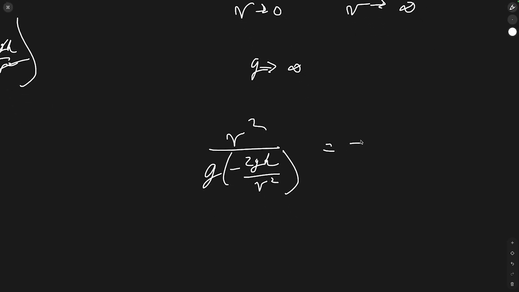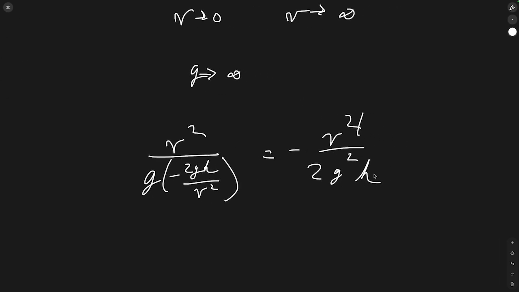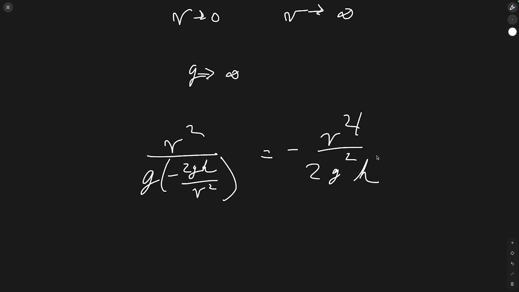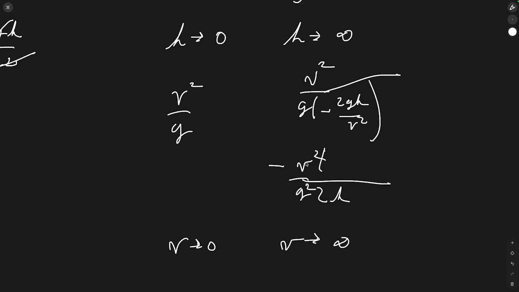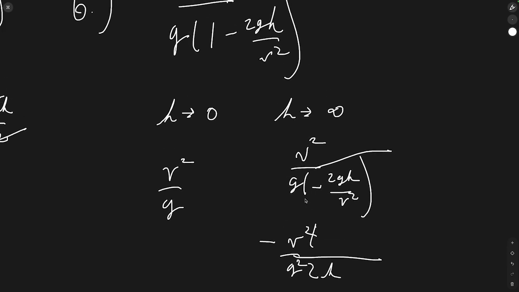This makes negative v squared to the fourth over twice g squared h. So g is going to infinity, and this goes to 0, doesn't it? Yeah, that makes sense. Okay, so that's fine. But we weren't really a fan of this stuff going on.